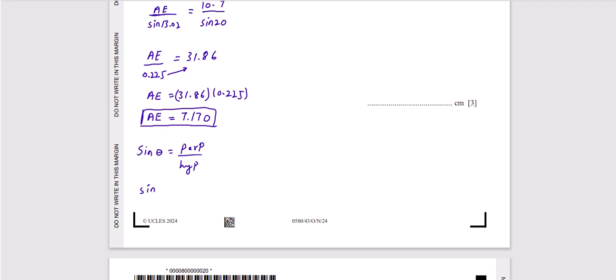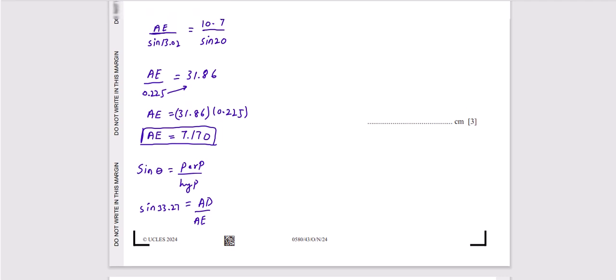Sin, the value of theta is 33.27, is equal to, perpendicular is AD and hypotenuse is AE, like this.